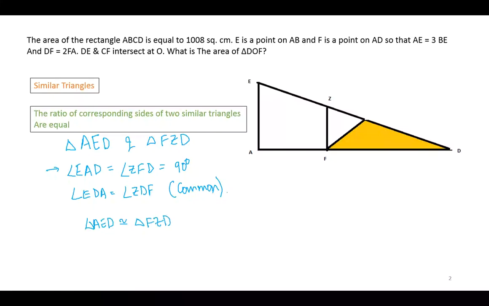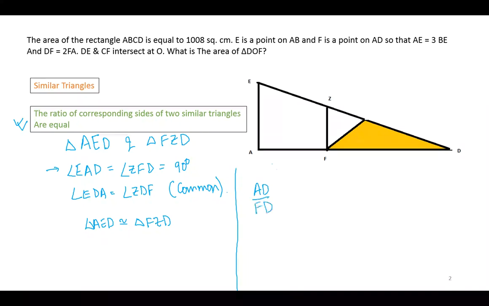Now what this does is it allows me to use a basic property of similar triangles, which is that the ratio of corresponding sides of two similar triangles are equal. In practice that looks like something like this. If I compare, I will get, let's say, AD, and I take the ratio with FD.